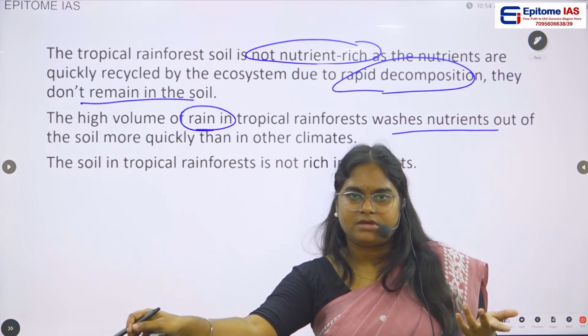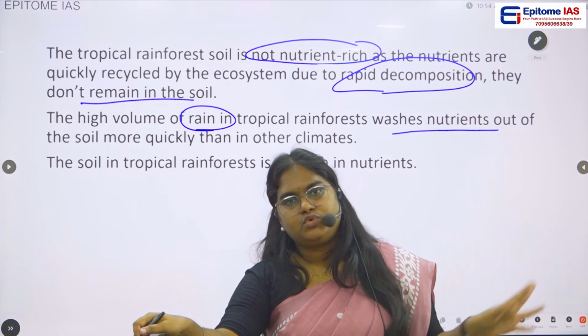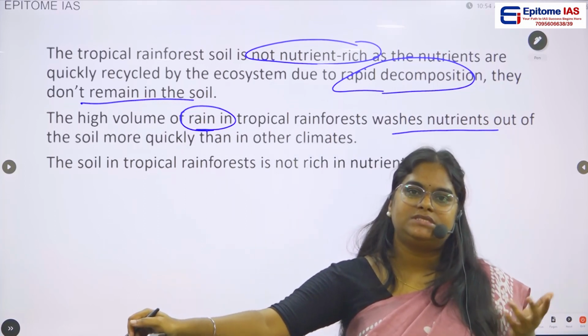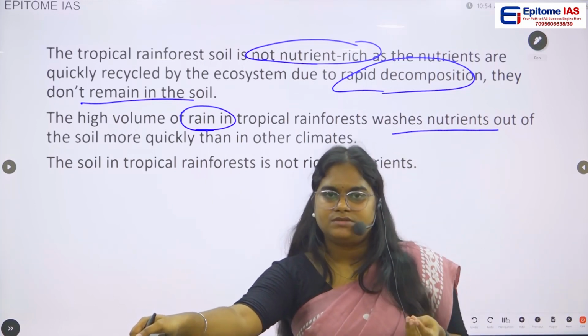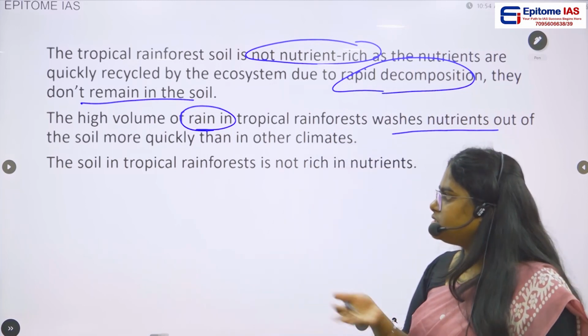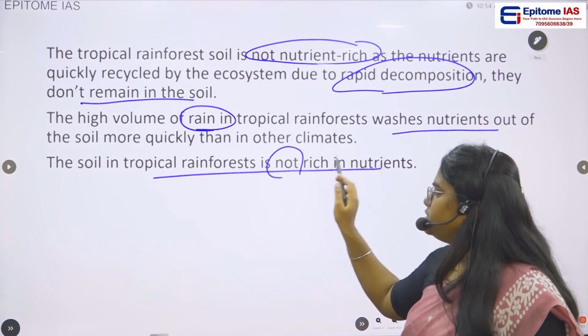When you compare it with other climates, this climate has rainfall throughout the year. It almost rains every day. So these heavy rains wash away the nutrients present in the soil. That's why the soil is devoid of any nutrients. So this is another reason the soil in the tropical rainforest is not rich in nutrients.